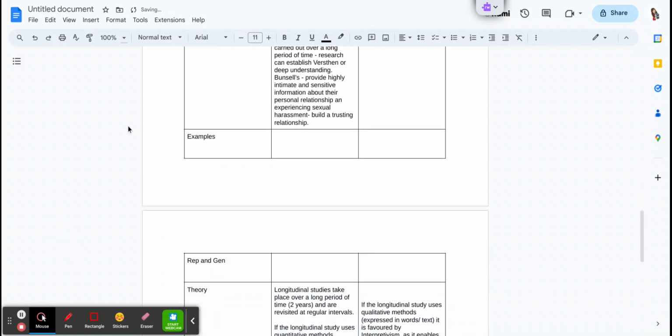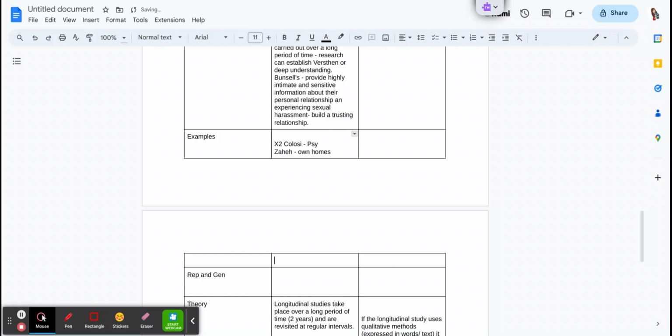There isn't a paragraph for examples. We have to do 2 studies. I've given them Colossi and pseudonyms. I've given them Zade, the single mothers by choice in their own homes. And I've given them Bunsel.